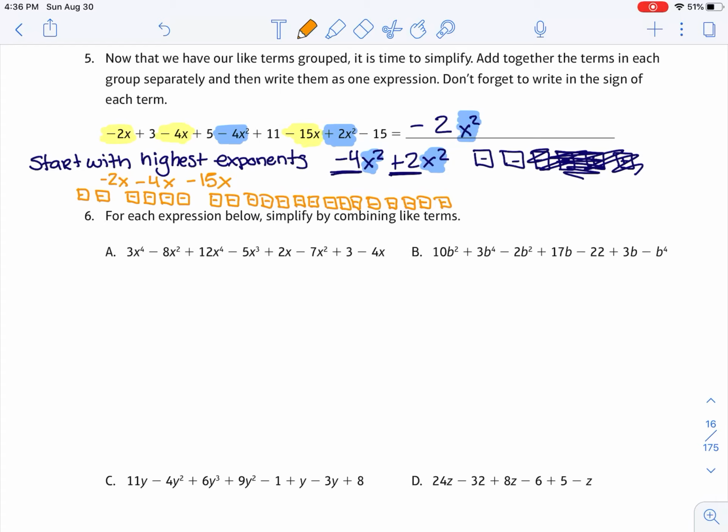So you can see why some of us really like having a calculator handy or memorizing how to add and subtract because we don't want to go through and count this all the time. So negative 2 and negative 4 makes negative 6. Negative 6 and negative 15 makes negative 21. You could have counted all of those and gotten to the same answer.